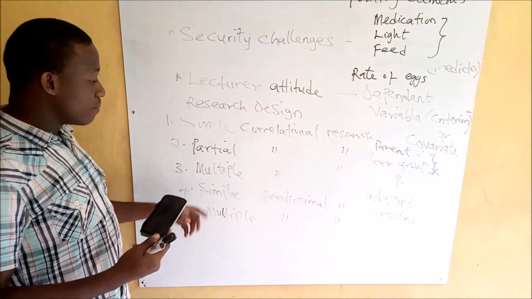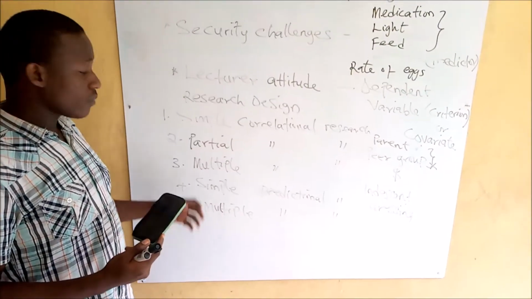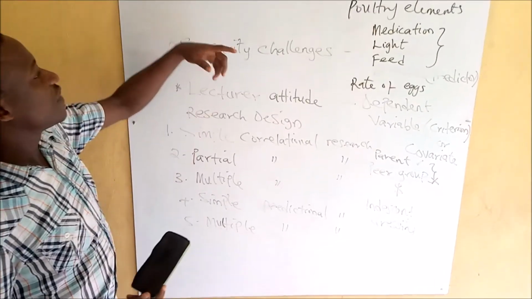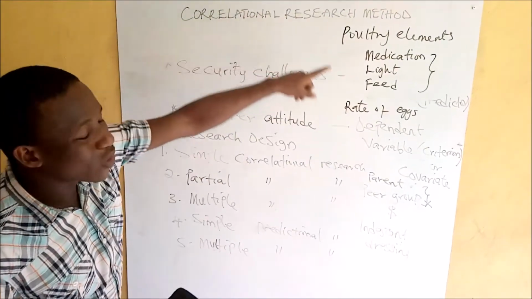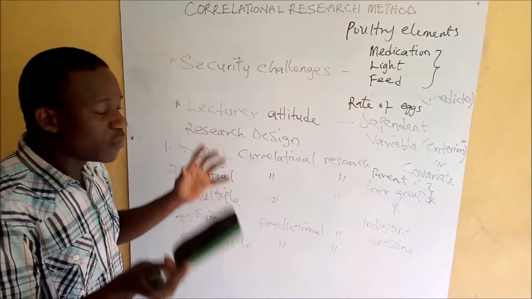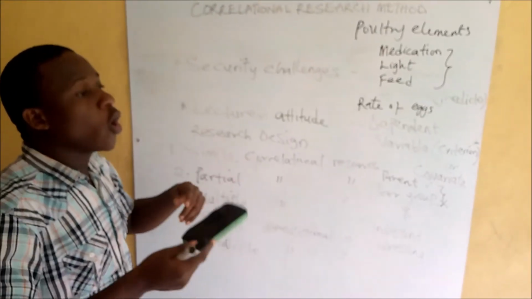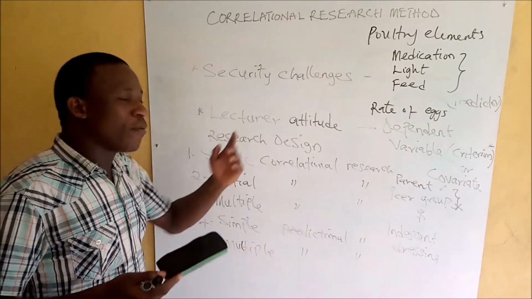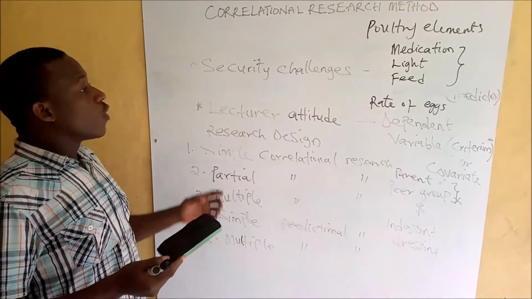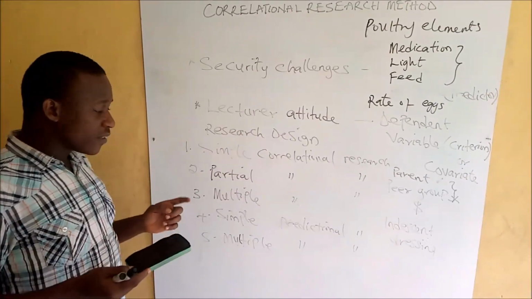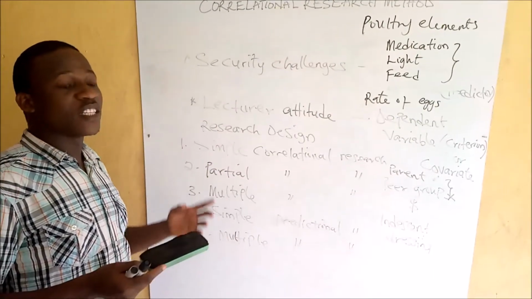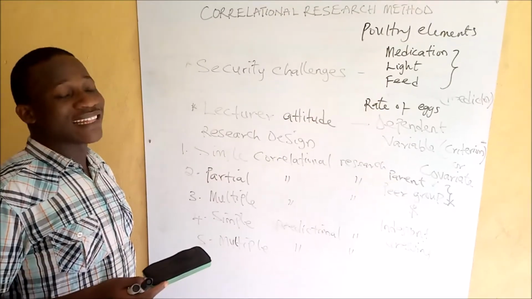Another one is the simple predictional research design. Remember, when I was giving the definition of correlational research method, I mentioned that it is adopted when you are trying to check the relationship between two or more variables, or how one variable predicts another variable. That leads us to predictional research design, which is mostly found in regression analysis.